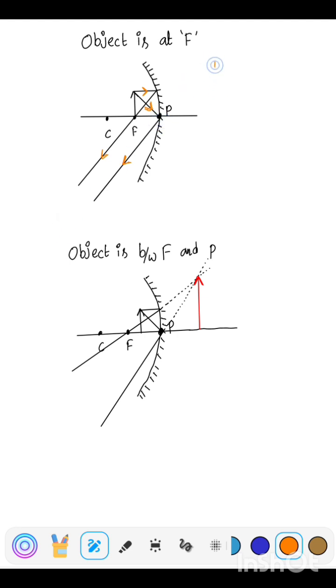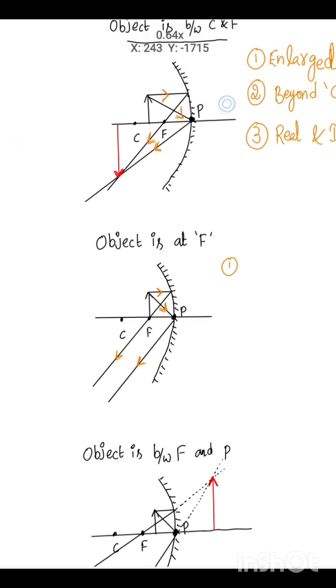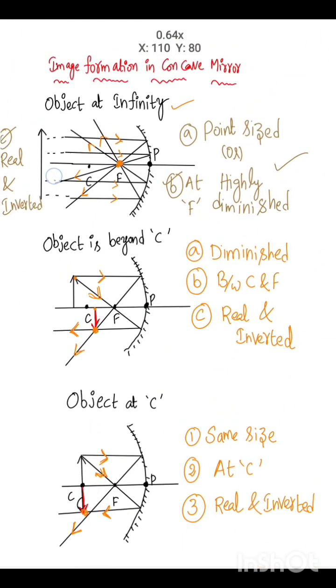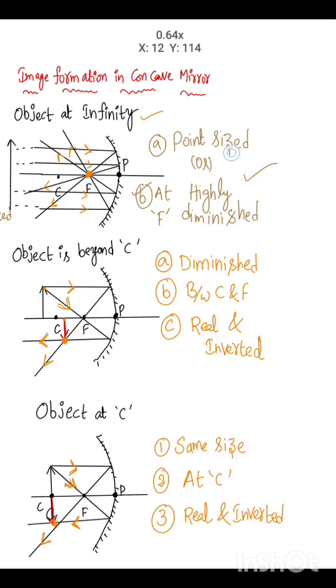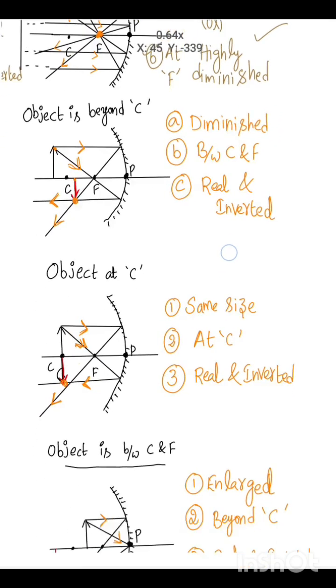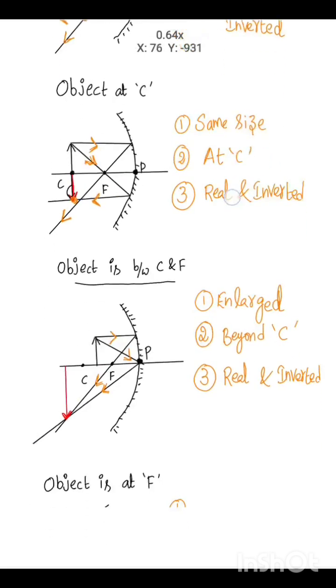Here, what is the size of the image? Previously the image is an enlarged image. If you observe, slowly the image size is getting increased. See, first the image is a point-sized image, next it is somewhat diminished, next the same size, next enlarged.